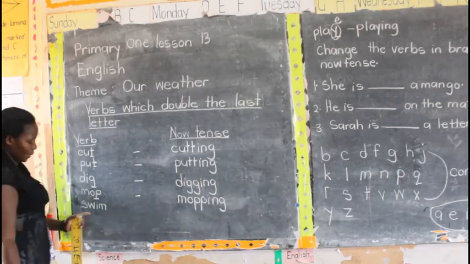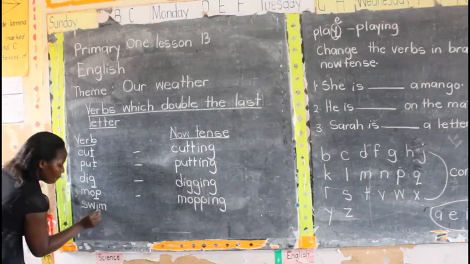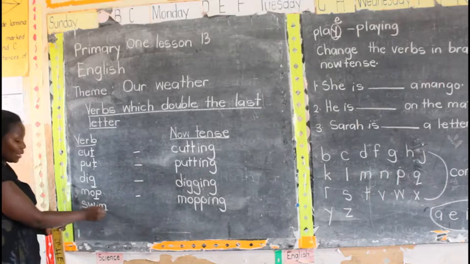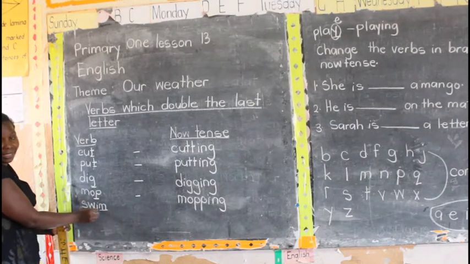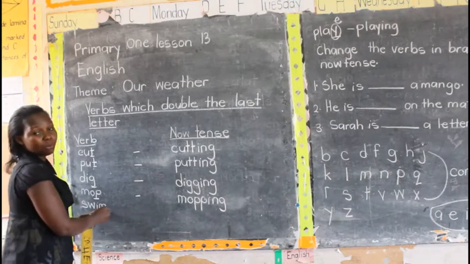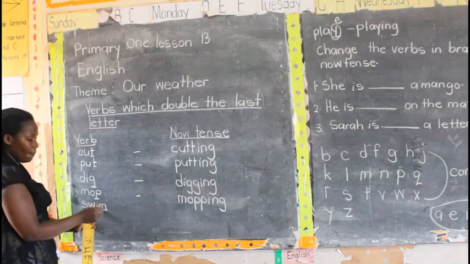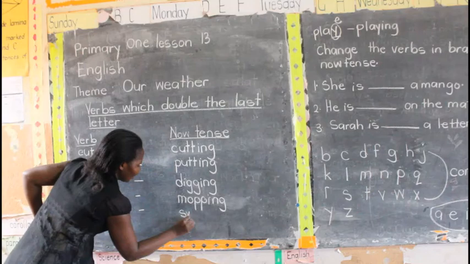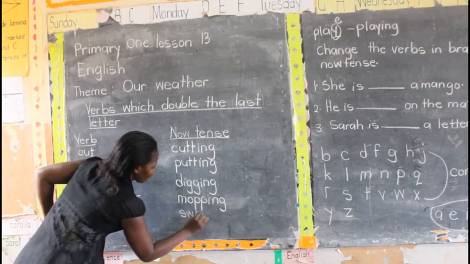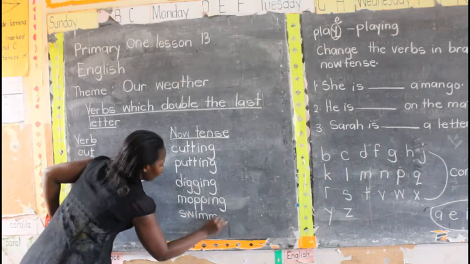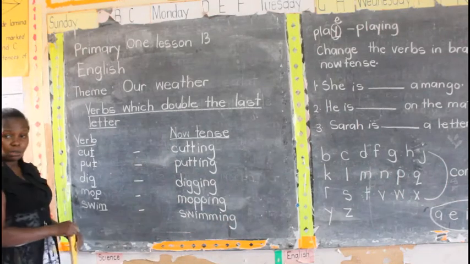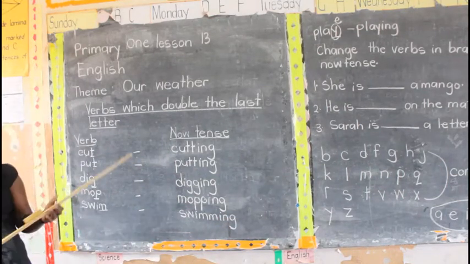Mop, mopping. We have swim. Swim. Last letter is a consonant letter, near one vowel letter, and this consonant is really sounding as a consonant. Swim. Changing it to now tense, we double the last consonant. Write two M and add I-N-G. Good. Children, this is how we change.